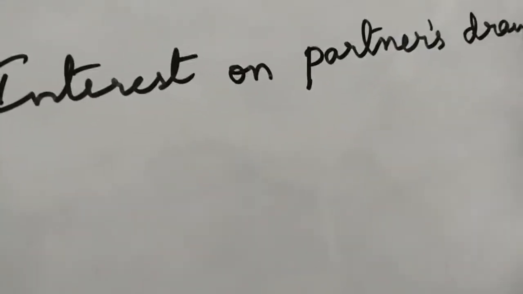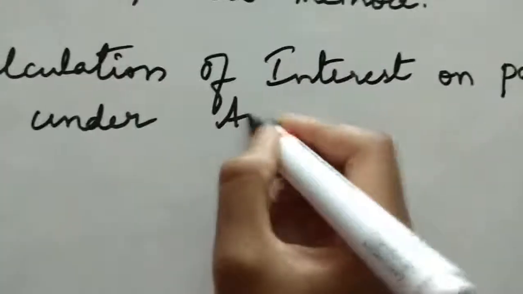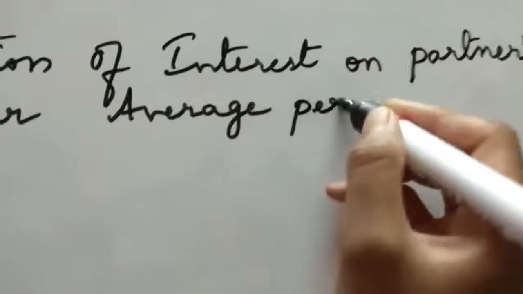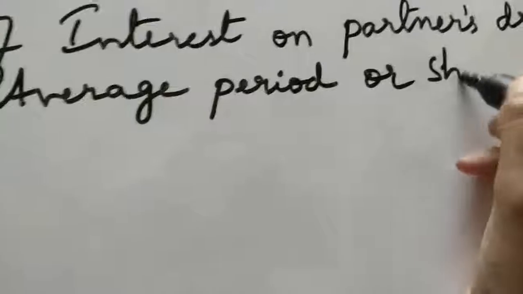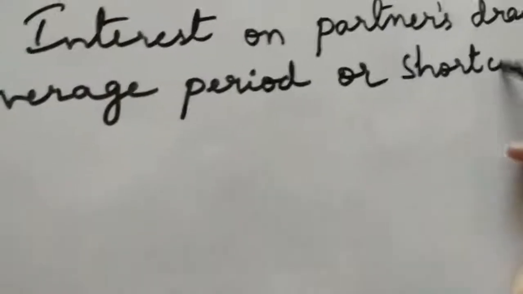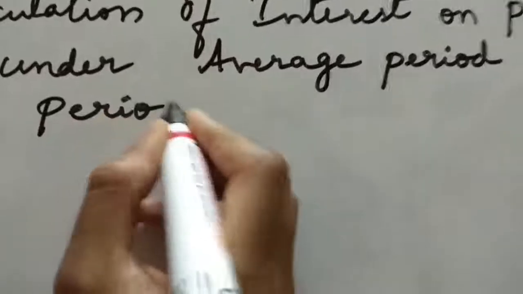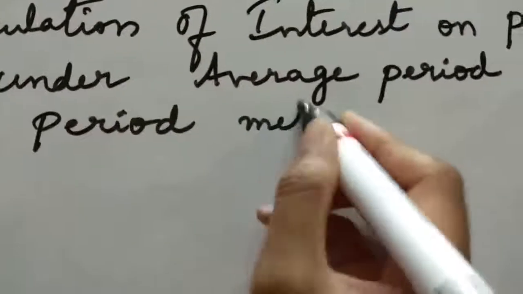I am mentioning partners because all the partners we are going to calculate under average period or shortcut period method.